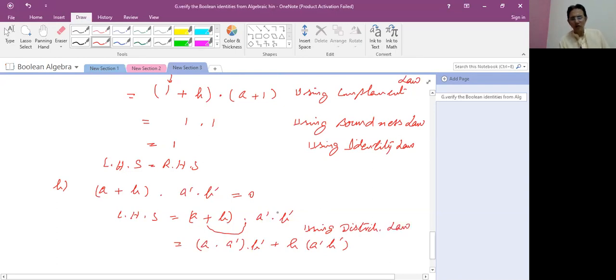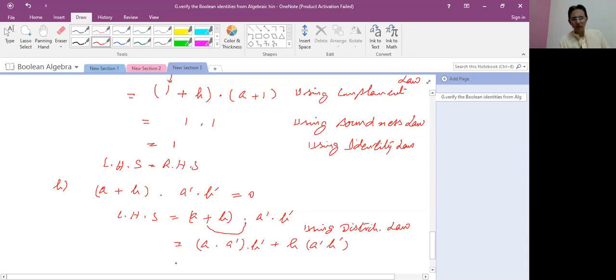According to distributive law, when we consider dot, addition replaced by multiplication, so we write here A dot A complement into B complement. And in the next, we will consider here B dot into A complement into B complement.